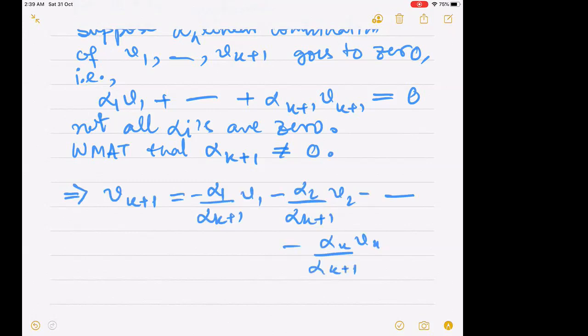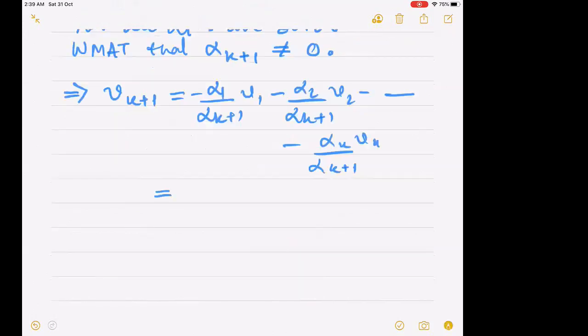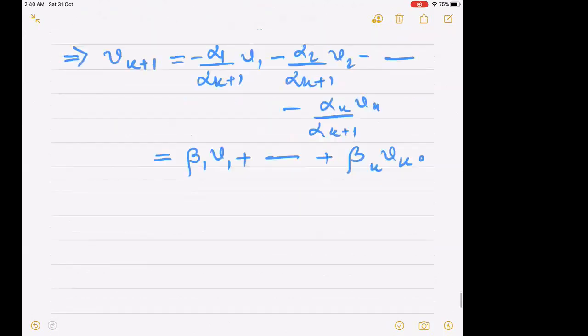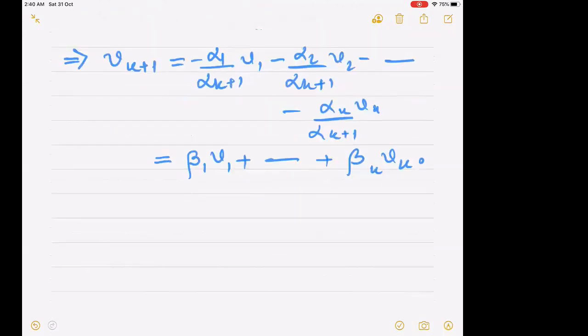Which is the same as writing this to be equal to some beta 1 v1 plus dot dot dot up to beta k vk. Okay. Now make A act on both sides.